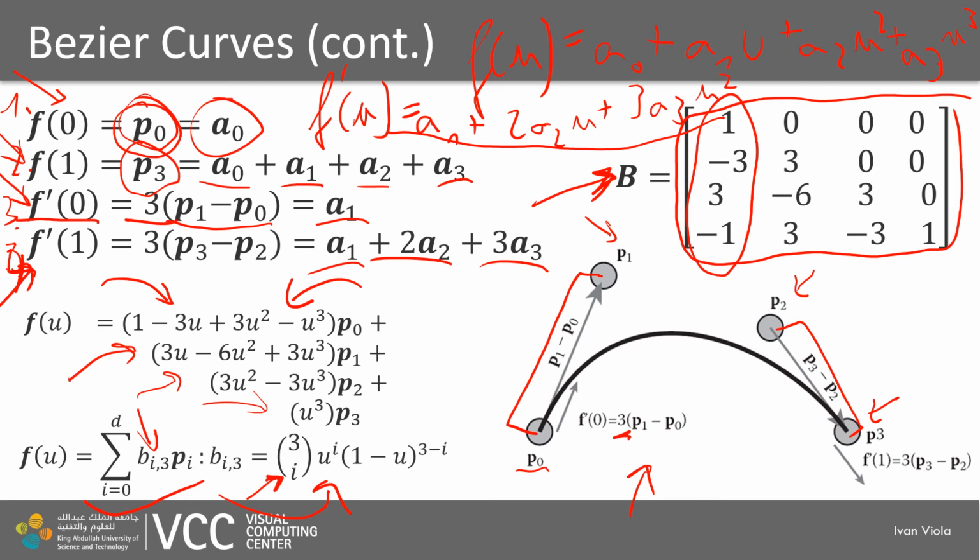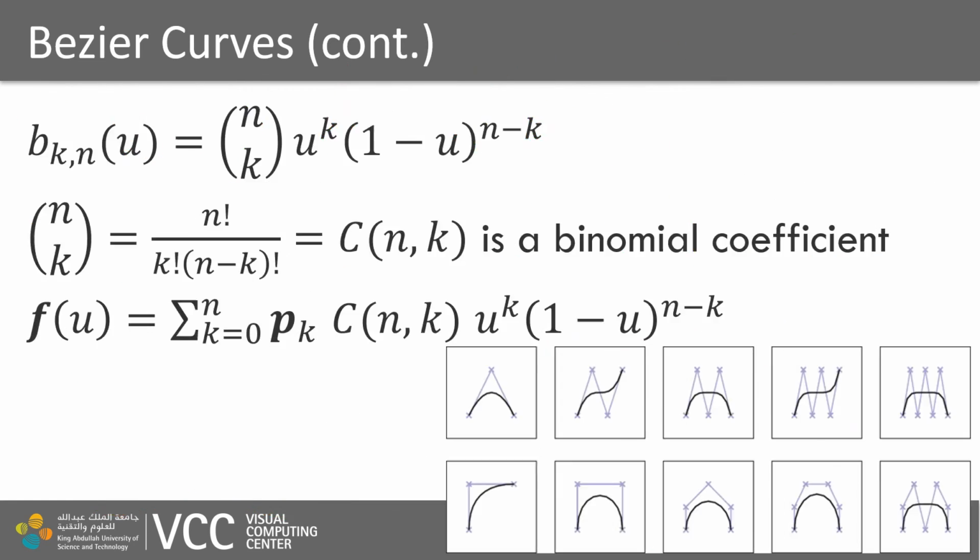All right, let's have a look at it in a more generic way. Our basis function, and now this is generic for n+1 control points, in fact, of a polynomial of degree n.